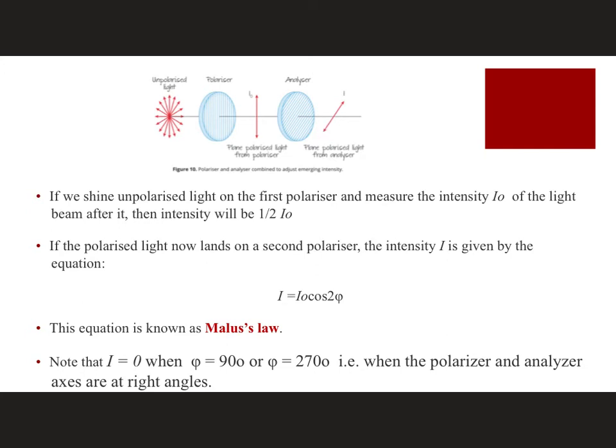Now, I'm not sure what's happened here with my subscripts, but this should read the intensity equals the original intensity cos squared phi, where phi is the angle between them.